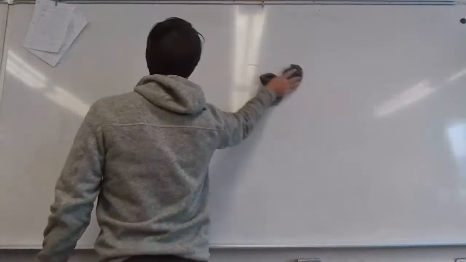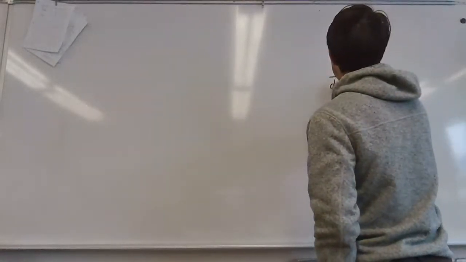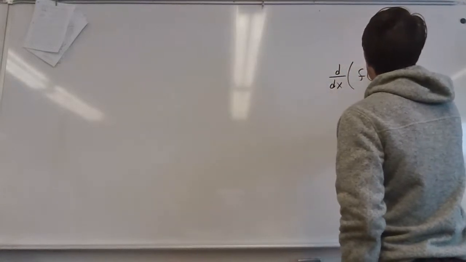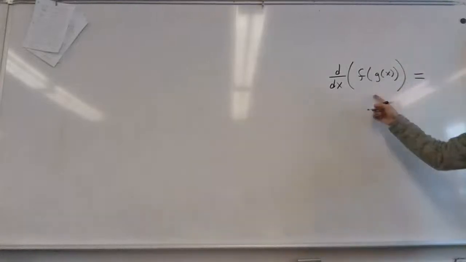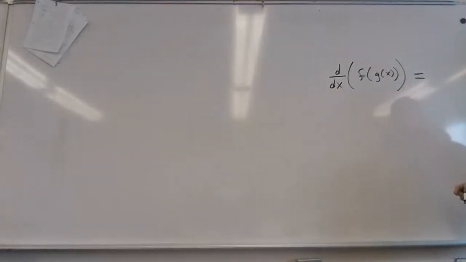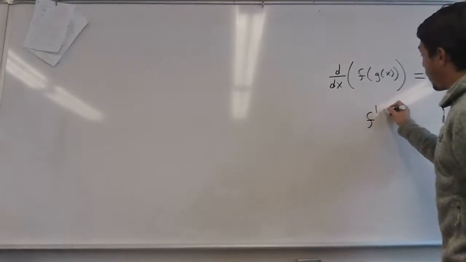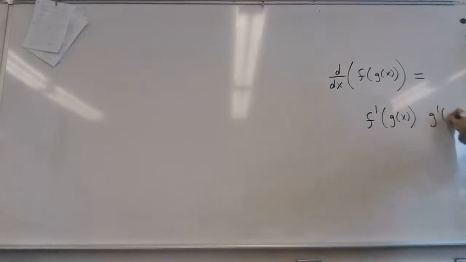You guys might remember, hopefully you do remember, I mentioned a precise definition of the chain rule, which was this. The derivative of f of g of x, and I said, well, there's certain kinds of problems where you need to kind of know this definition. It's basically f prime of g of x times g prime of x.